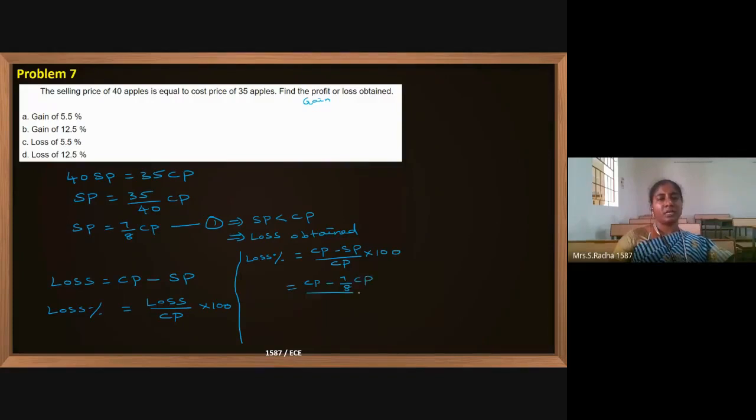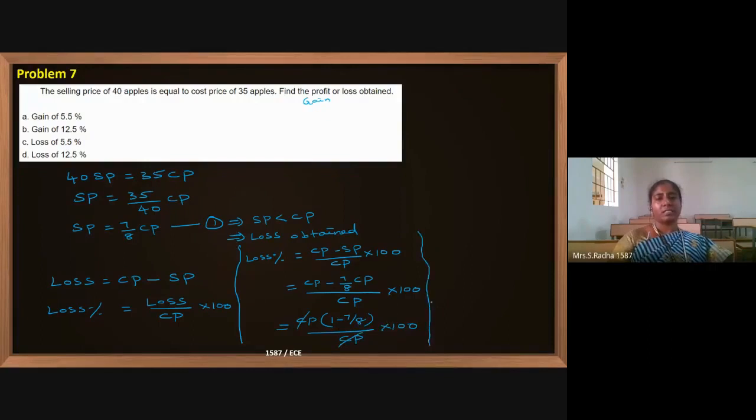I am substituting equation 1. If you take cost price common in both numerator and denominator, this cost price will get cancelled.